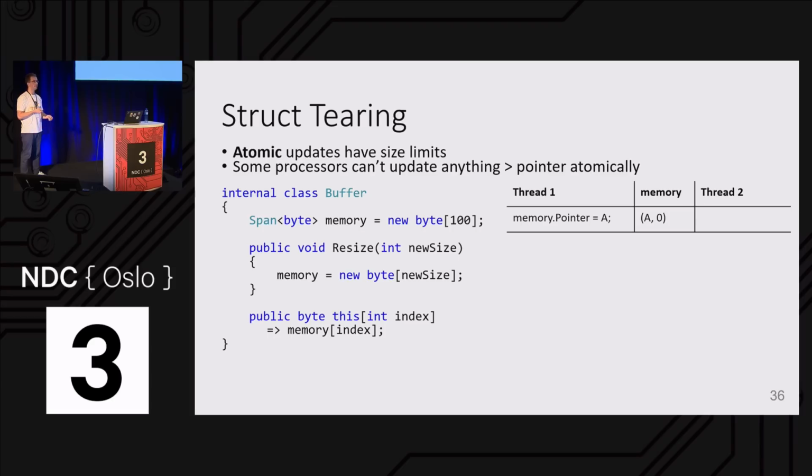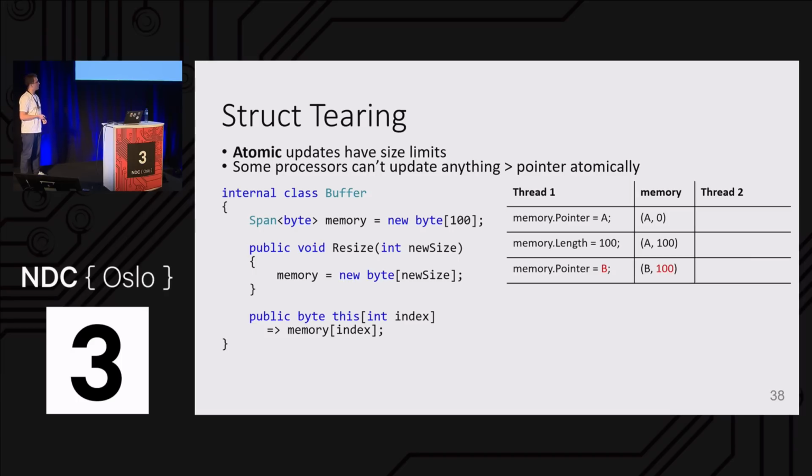And then, in another step, another atomic update, it sets the length to 100. Okay, but now we want to set the pointer to B and the length to be 1. What we do is another atomic update, and we have a new pointer and old length.